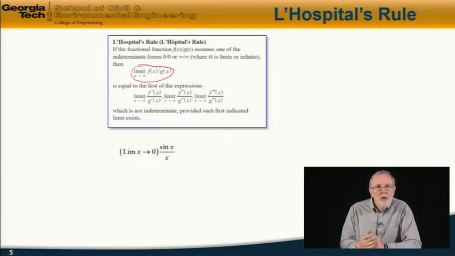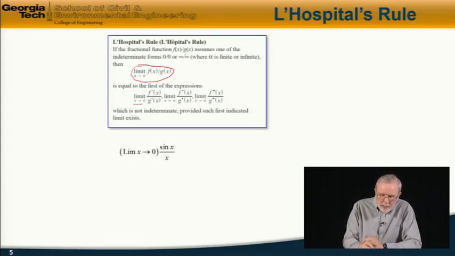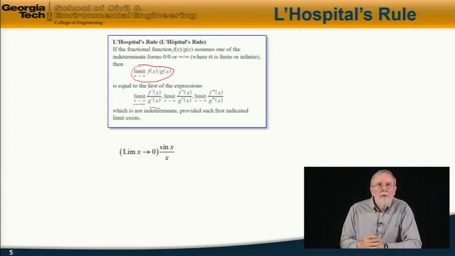In other words, 0 divided by 0 or infinity divided by infinity is impossible. It's undefined. So L'Hopital's rule says that the limit is equal to the same limit as x tends to a of the ratio of the first derivatives, f prime of x over g prime of x, or if that doesn't work, the limit of the second derivatives, f double prime of x over g double prime of x, etc.